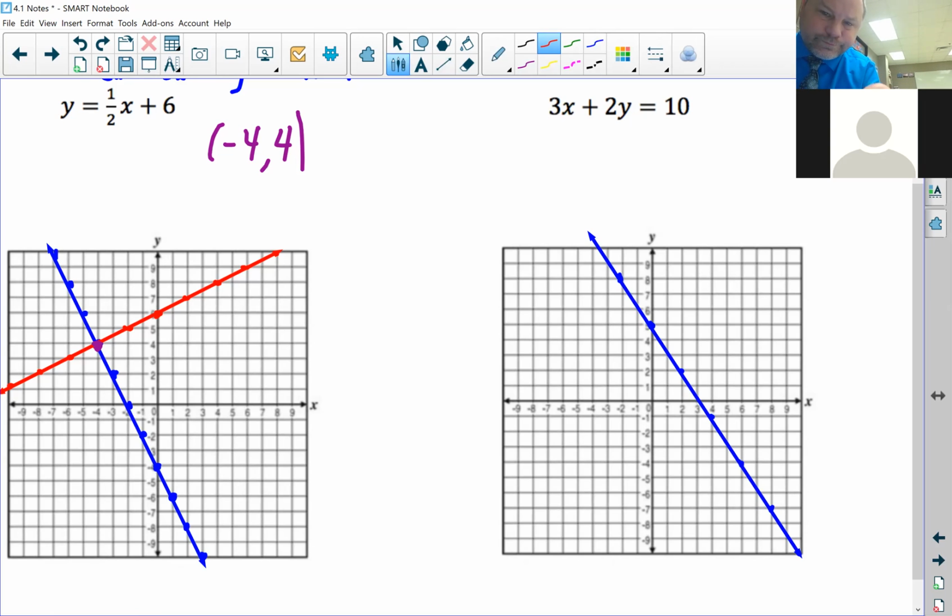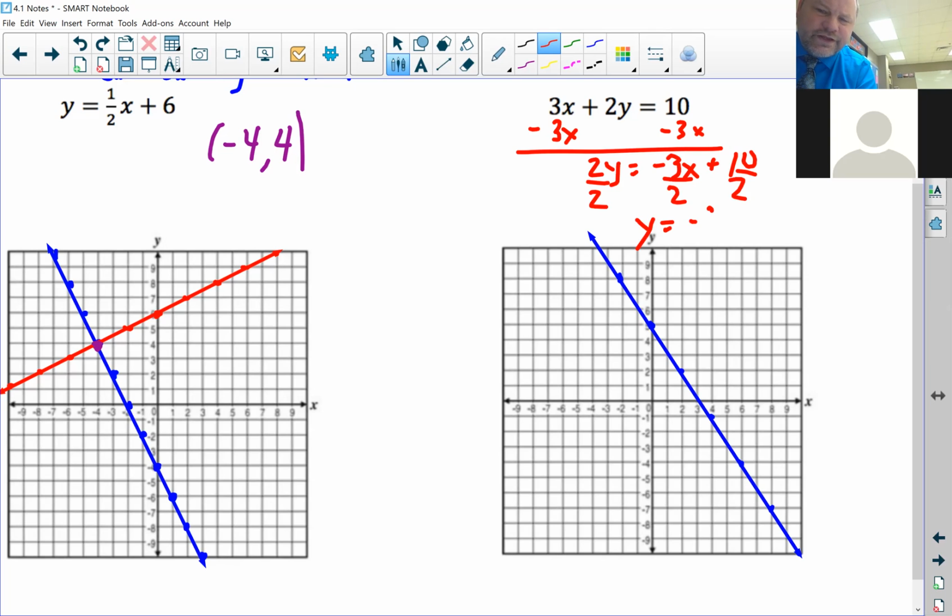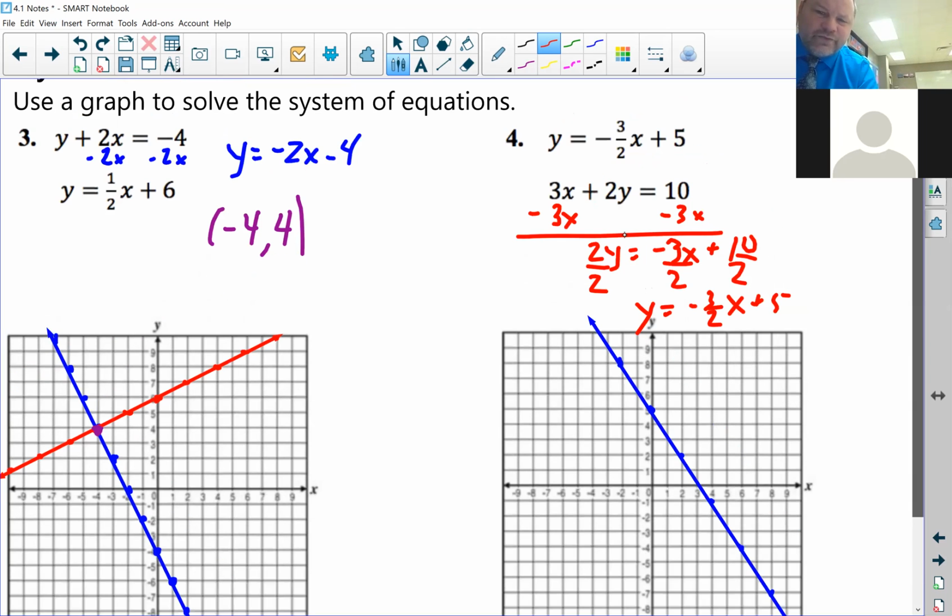Again, subtract 3x from both sides. Divide everything by 2. So y equals -3/2 x plus 5. And look, we have the exact same equation, which means the lines are going to be the same.